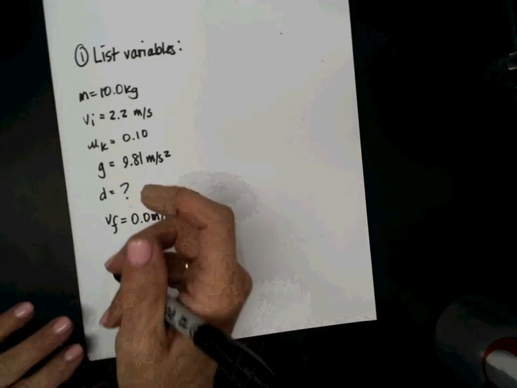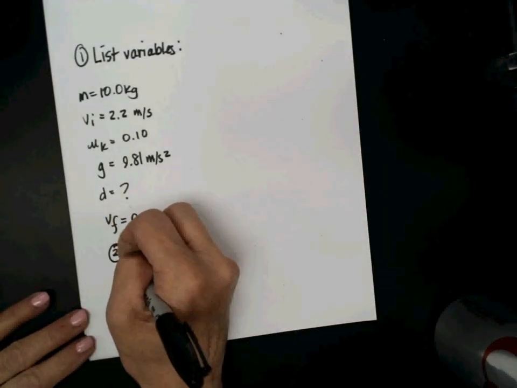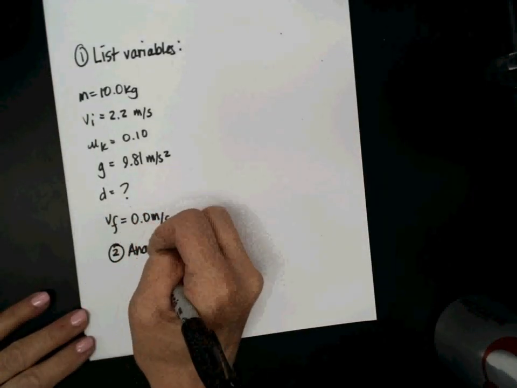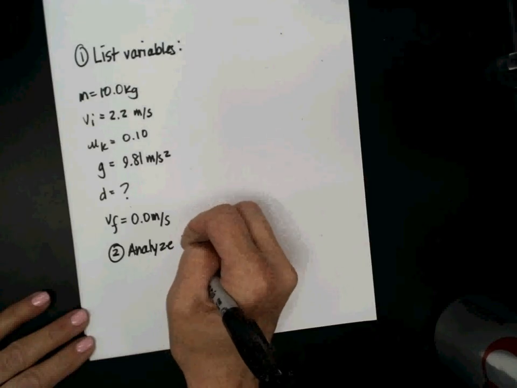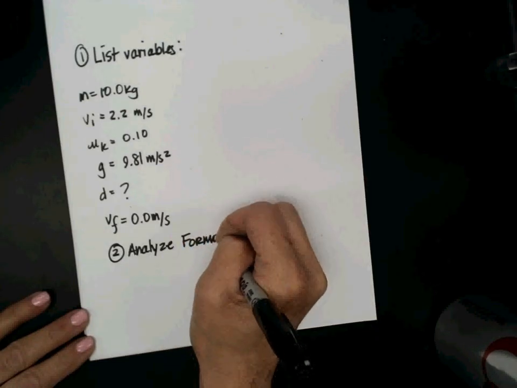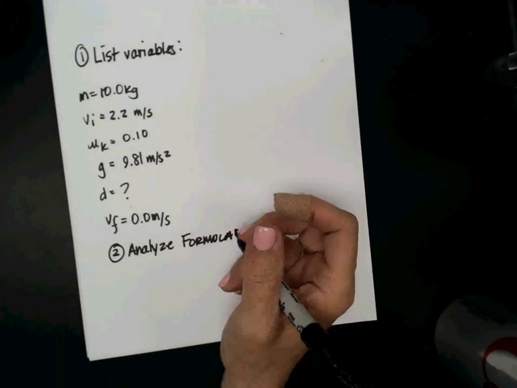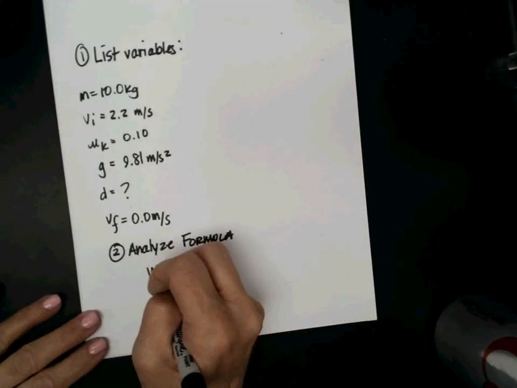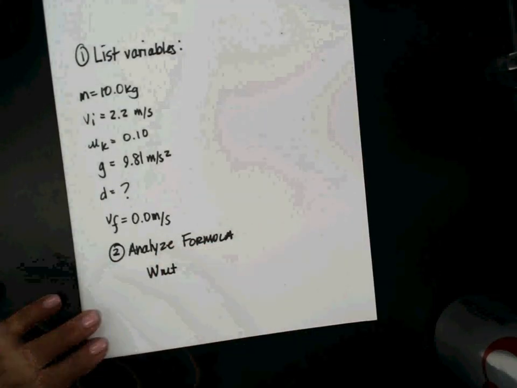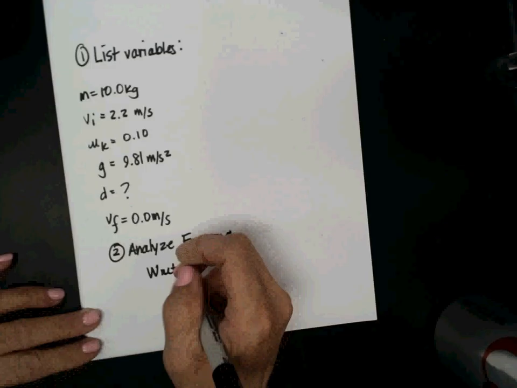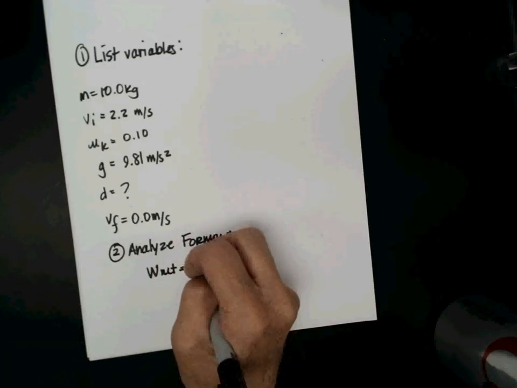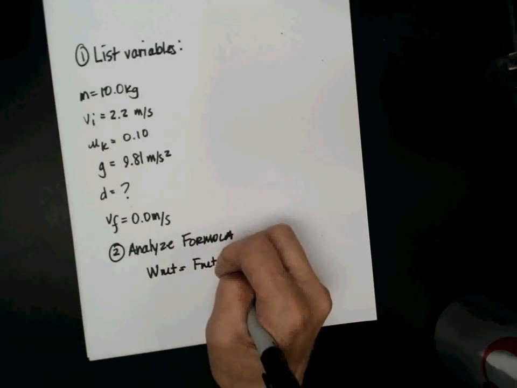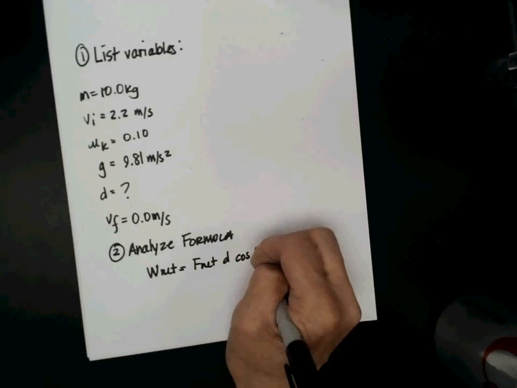The second thing you want to do is analyze the formula. So we start with W net, right? Because friction's involved, it's going to be equal to F net times the distance times the cosine of the angle.